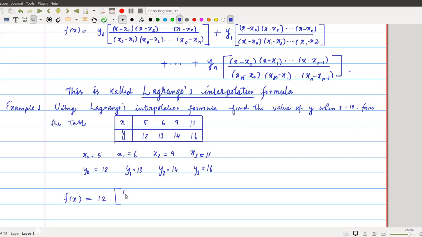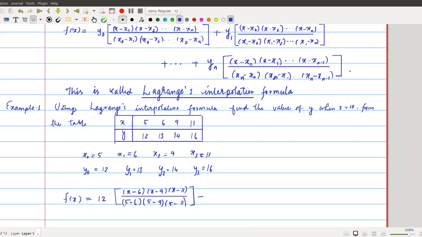That is x minus 6, x minus 9, x minus 11 divided by the denominator, which becomes x0 minus; x0 is 5 here, so 5 minus 6, 5 minus 9, 5 minus 11. So these are the values.